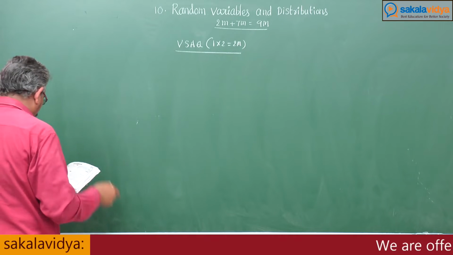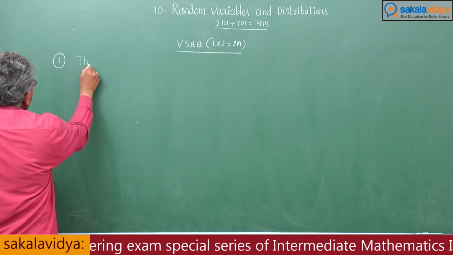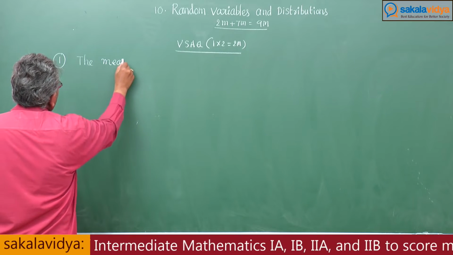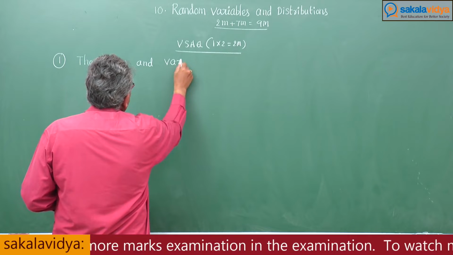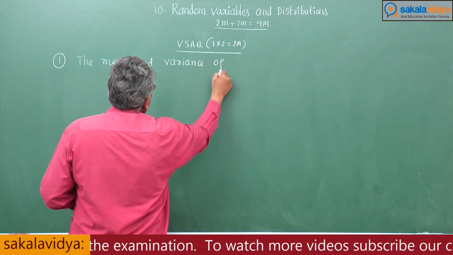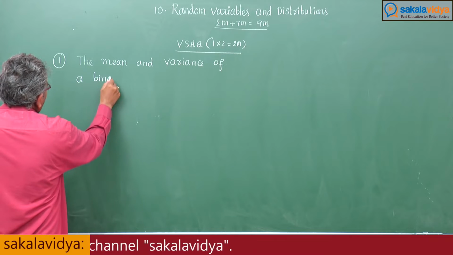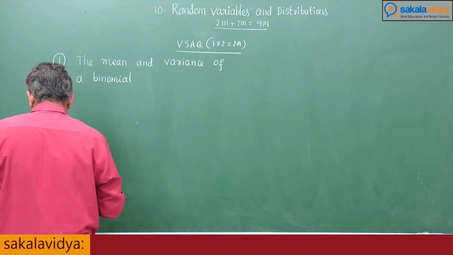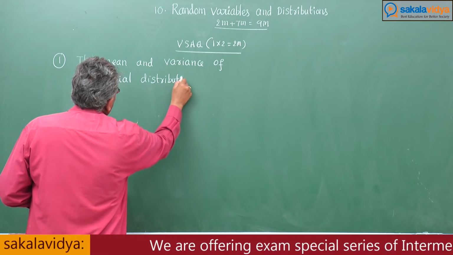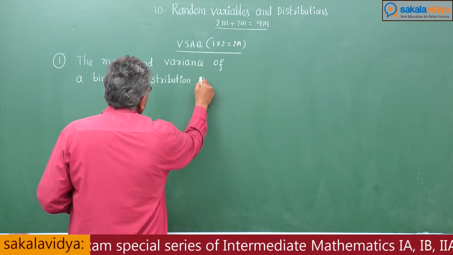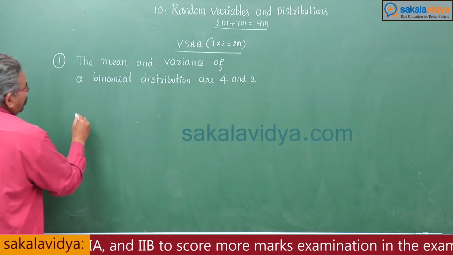Now, the first question: the mean and variance of a binomial distribution are 4 and 3 respectively.